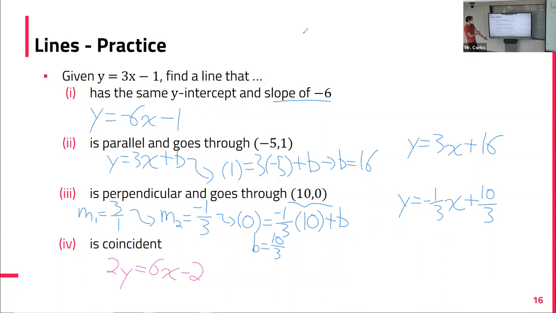Just do the same thing on each side and we'll get a coincident line. So there are the 4 answers here, here, and our last one. Questions? Anyone? All right.